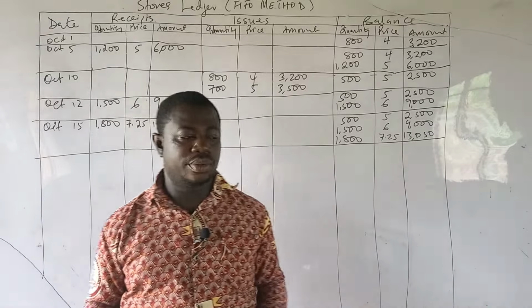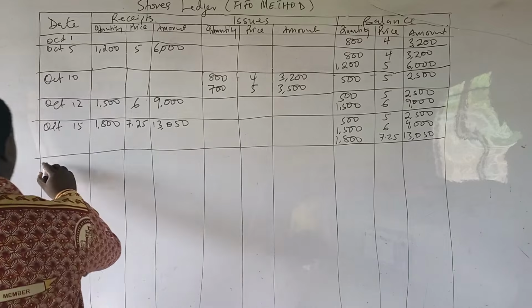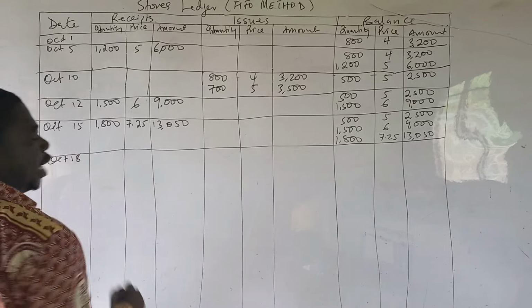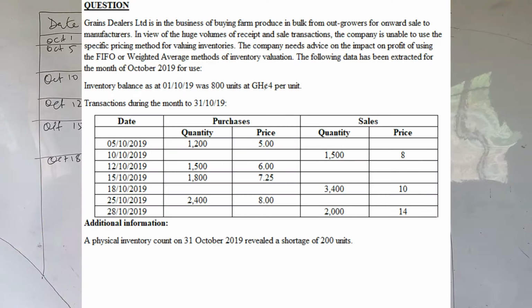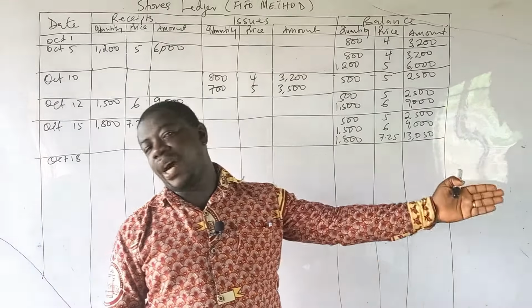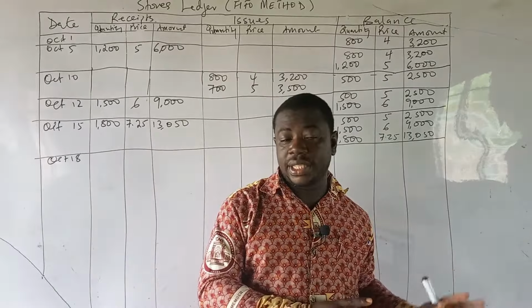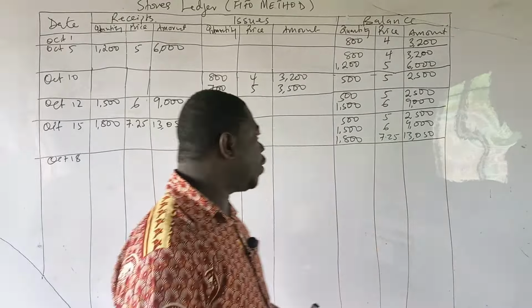This is very simple. Now, the next date is October 18th. And that one was a sale or an issue of 3,400 at a unit price of 10. But like I told you, the unit price that is given will not be used. So the focus is on the quantity of 3,400 that we are going to issue out.